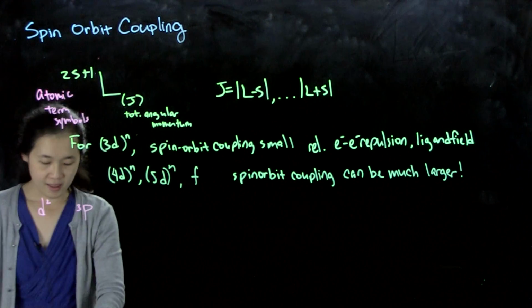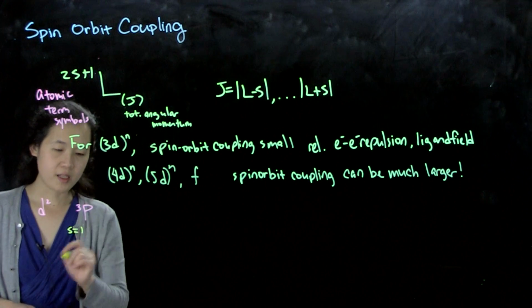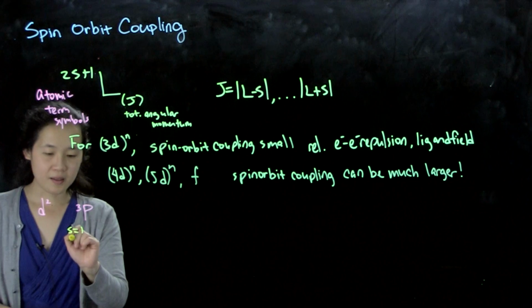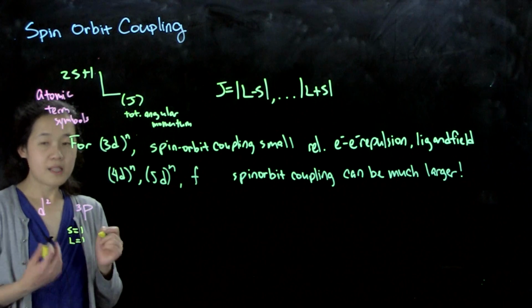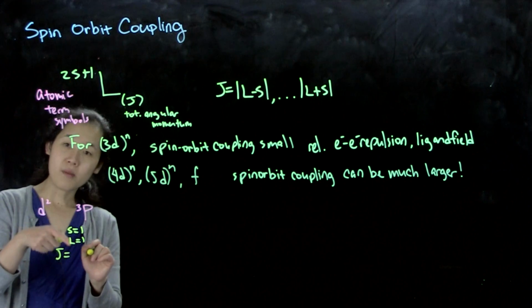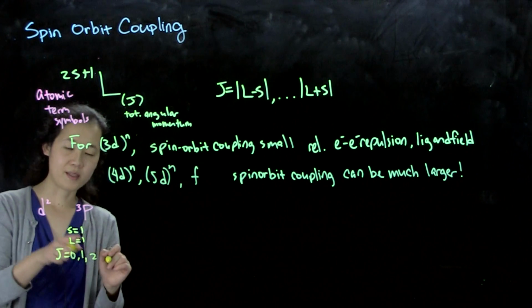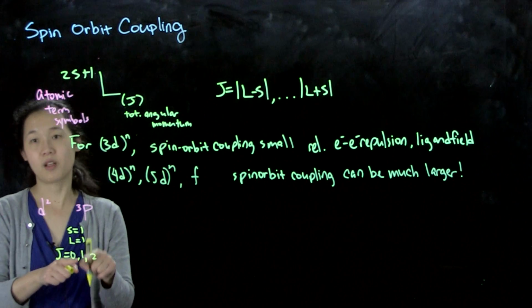So for a triplet state, S equals 1. For a P term, L equals 1. So this means that J must therefore equal 1 minus 1 is 0, 1, or 2, because L plus S is 2.